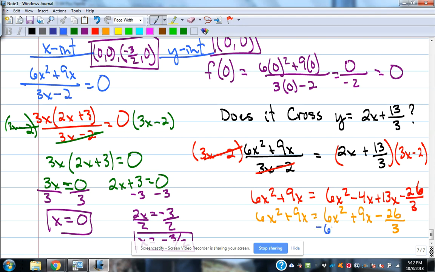When you go to do that subtraction, they're going to cancel each other out. And so all of the x's are gone. And you got 0 equals negative 26 over 3. Does that ever happen? Never. So that's false. So does it cross it? No.